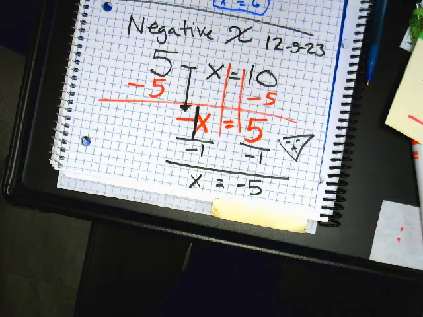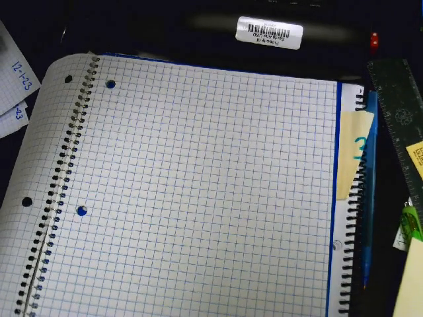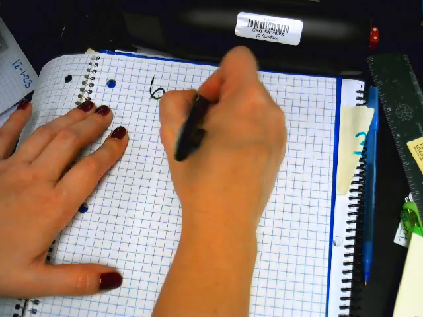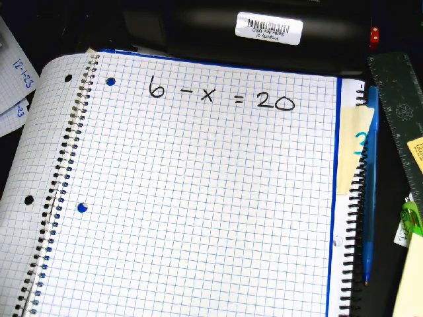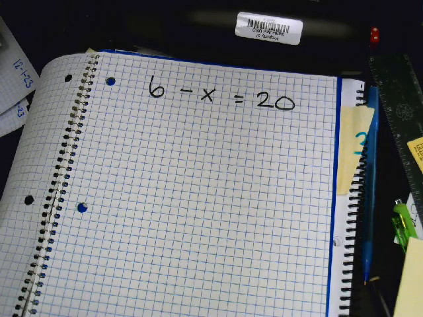Okay. We're going to do one that's very similar. It looks like a simple problem, but there's a lot of things going on. Are they hard things going on? No. There's just a lot. What if I give you 6 minus x equals 20? Very similar to the one we just got. So we're writing this down.